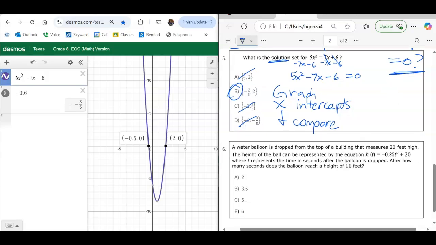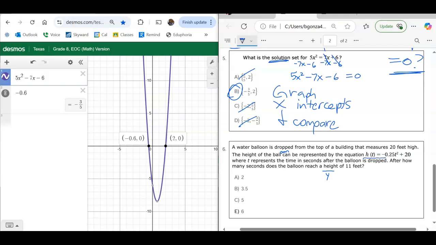All right, this last one. A water balloon is dropped from the top of a building that measures 20 feet high. The height of the ball can be represented by the equation where t represents the time in seconds after the balloon is dropped. After how many seconds does the balloon reach a height of 11 feet? All right, so the height is your y value. Cool.